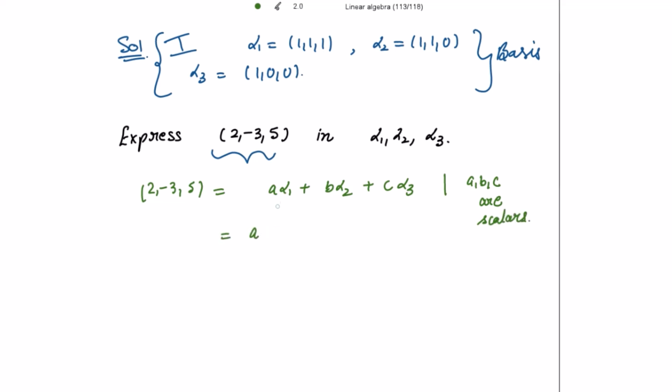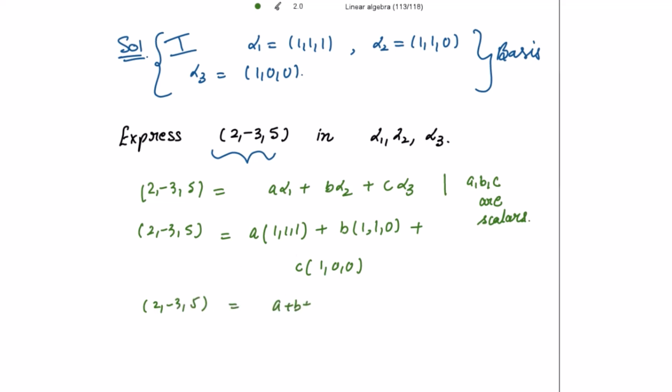So writing the value for alpha 1, this is 1, 1, 1, and then B into 1, 1, 0, and then C into 1, 0, 0. This is your vector. So this is further equal to A plus B plus C, then A plus B, and then A.